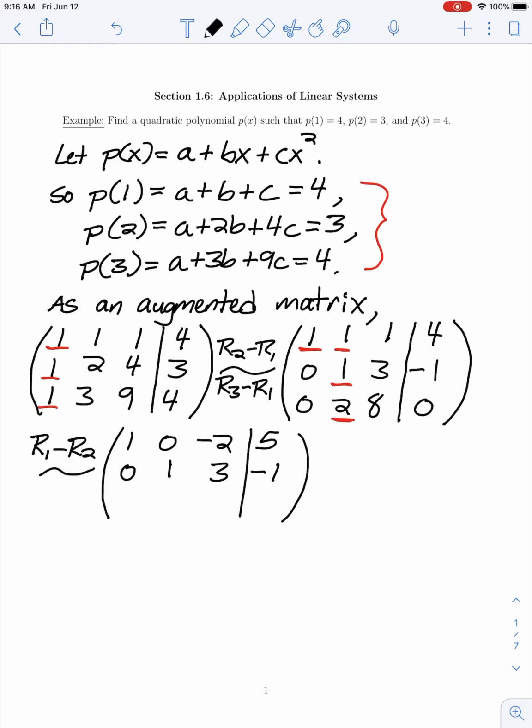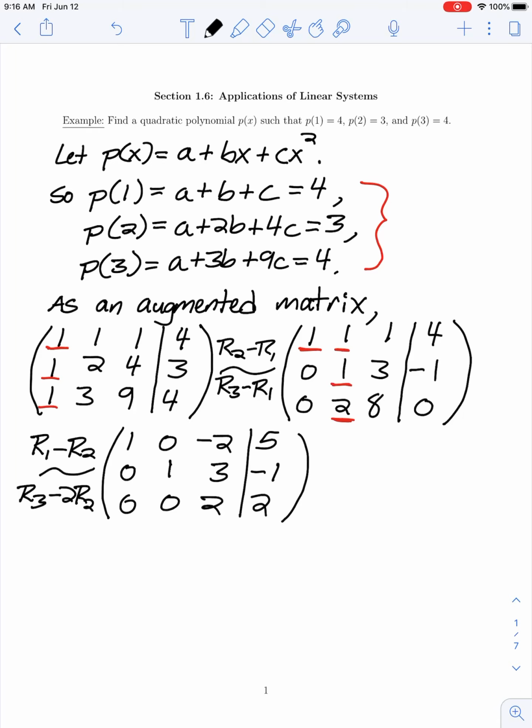And to simplify the 2 as the lead entry in my third row, I could take row 3 minus 2 times row 2, which would leave me 0, -2 plus 2 is 0, -6 plus 8 is 2, and then 2 plus 0 gives me 2 here.